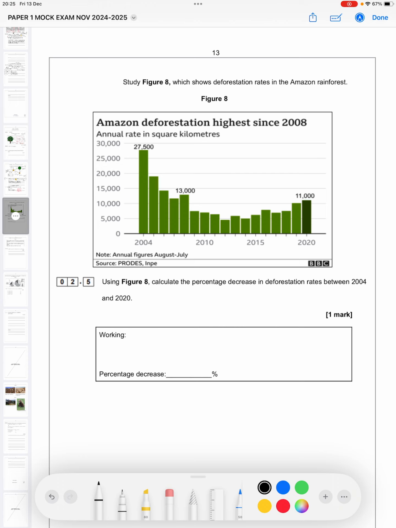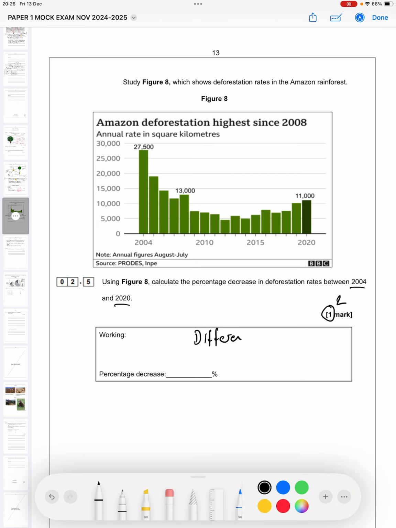This is how you can tell this is just a mock that we've used at my school, because normally in an exam this would be 2 marks, because usually in your proper AQA exams, you will get a mark for showing your working, even if your answer's incorrect. So if your working is generally correct but your answer's wrong, then you'll get a mark. Percentage decrease. What you want to be doing is you want to find your difference between 2004 and 2020.